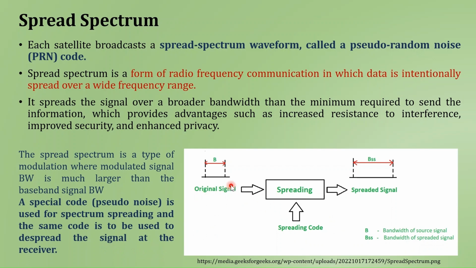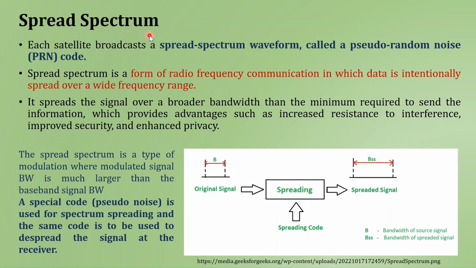Here we can see that the original signal required only this much bandwidth, but with the help of the spreading code, through the spread spectrum process, the signal is spread over a wider frequency range. Here we have the bandwidth of the spread signal and this is the bandwidth of the source signal.